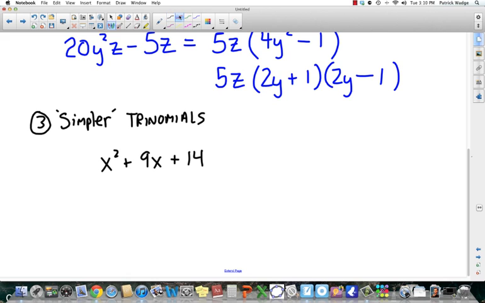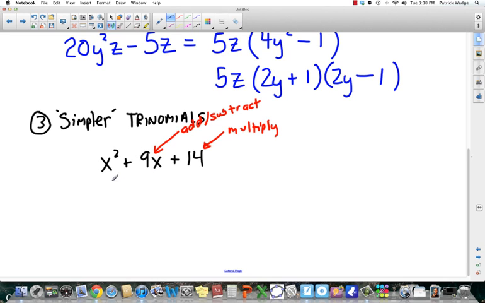Okay, remember these are the little puzzle ones. You have to ask yourself, what are two numbers that multiply to this last term and add to this? By the way, if you're not very good with your negatives, you can think of it like add or subtract. But if you want to be very, very strict about it, it should be add. But we'll think of it as add, subtract.